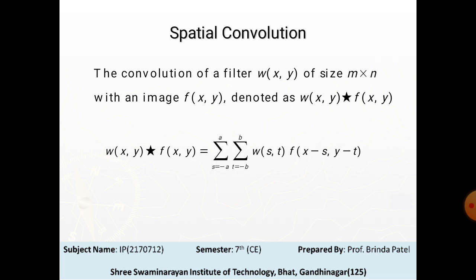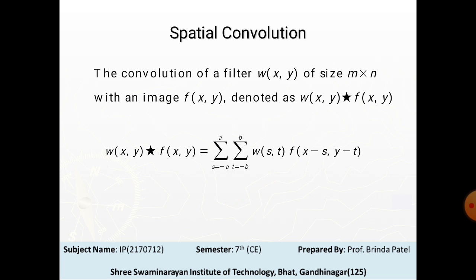In a similar manner, the convolution of w(x,y) and f(x,y), denoted w star f(x,y), is given by the expression: the sum for s equal to minus a to a and t equal to minus b to b of w(s,t) times f(x minus s, y minus t). The minus signs on the right flip f, which is a rotation by 180 degrees. Flipping and shifting f instead of w is done for notational simplicity and also to follow convention.